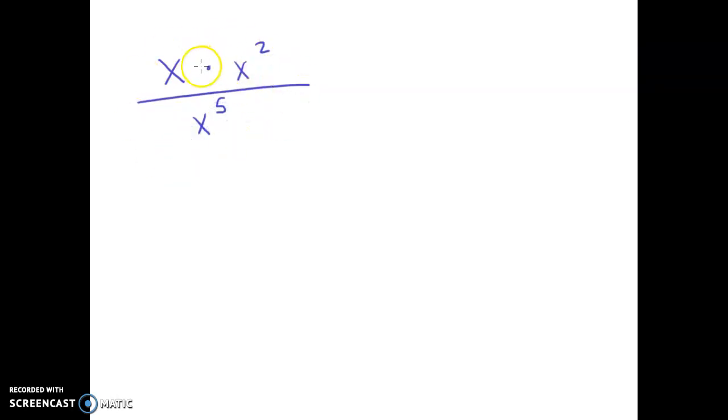If you were asked to simplify it, hopefully you remember from math from last year, when we have x times x squared, we add the exponents, that becomes an x cubed. And then when we divide, we subtract off exponents, so this would become overall x to the negative 2.